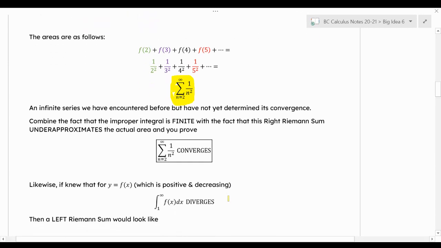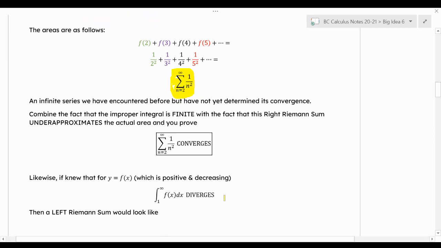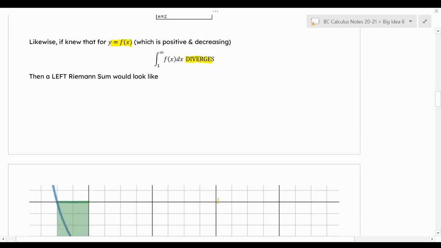Now, on the flip side, think about a generic function f of x that's also positive and decreasing. Let's pretend that we did the integral from 1 to infinity of this function, and we showed that it diverges, that it went off to infinity. Well, if we do a left Riemann sum for that generic f of x, it would look something like this.